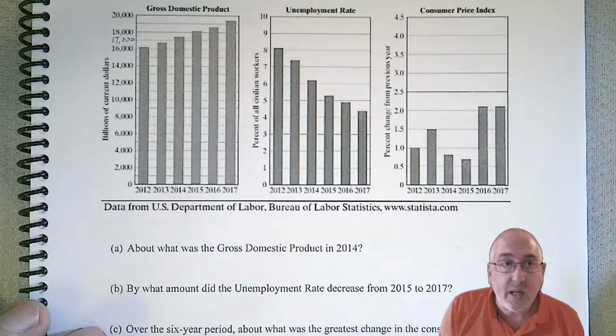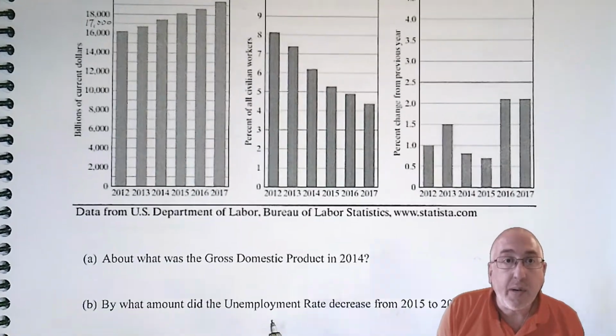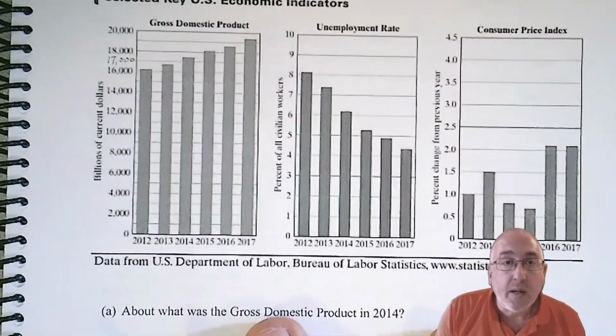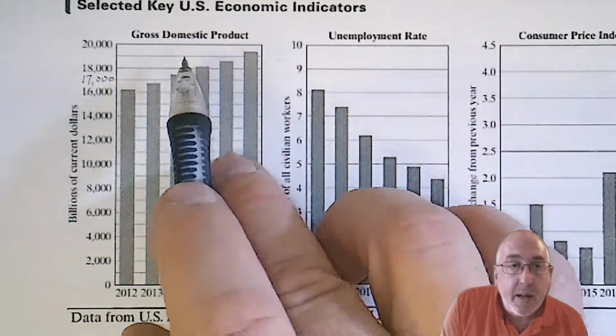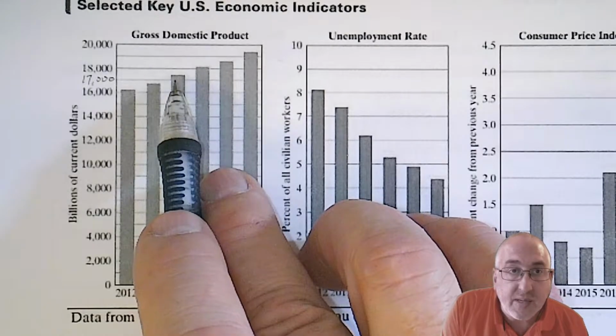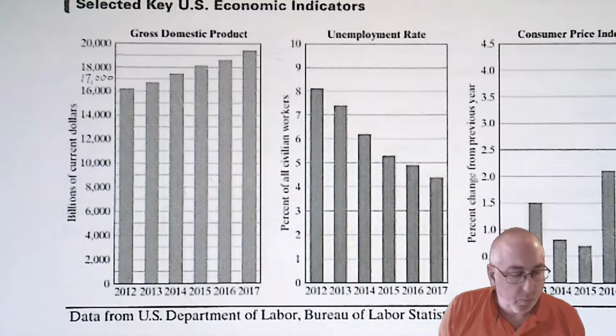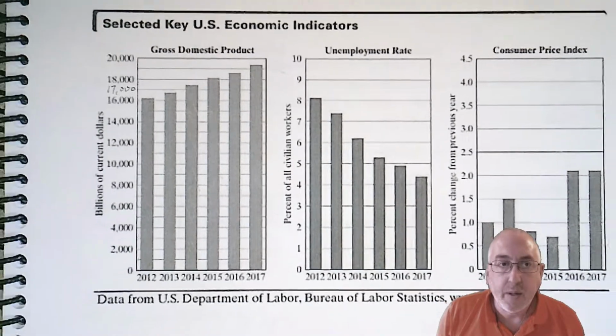It's kind of hard to see, but if we zoom in a little bit more, we might be able to see it. And yeah, it looks like it's about halfway between 18,000 and 17,000. So we're pretty confident in saying it's 17,500.